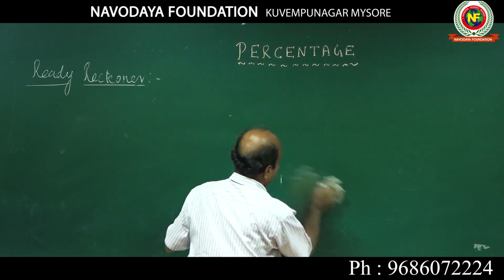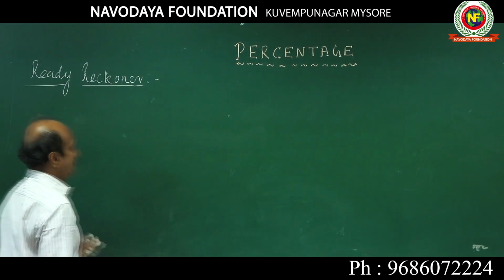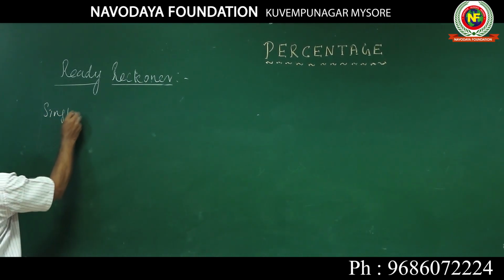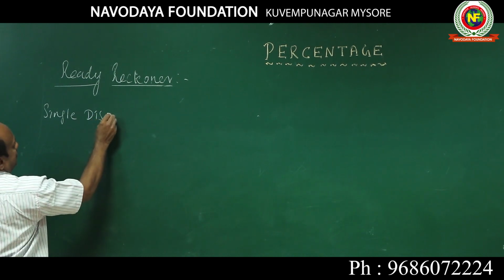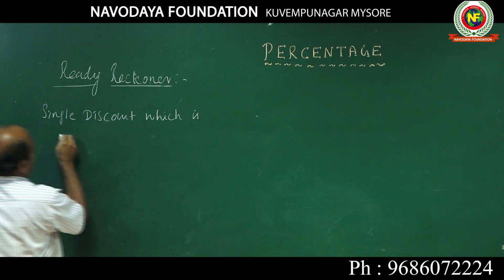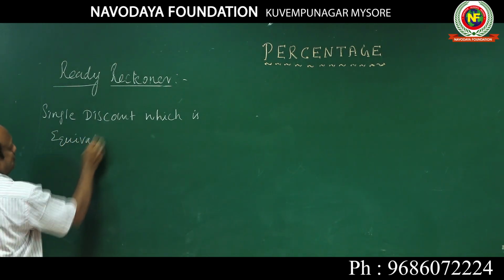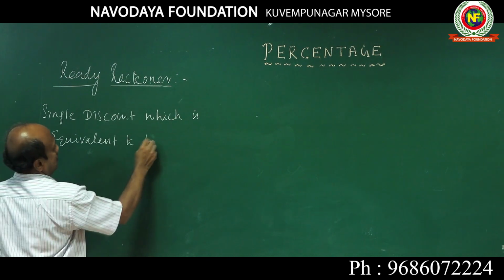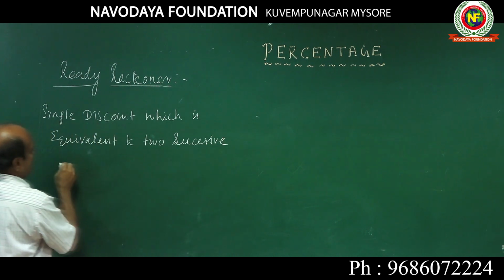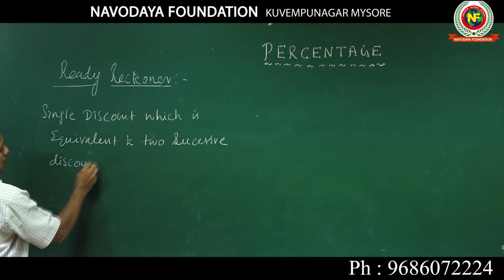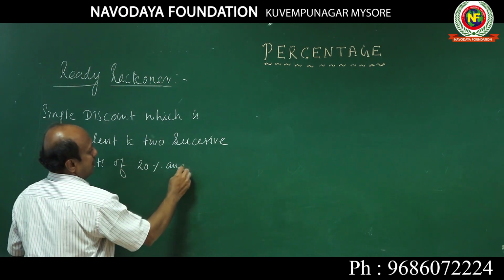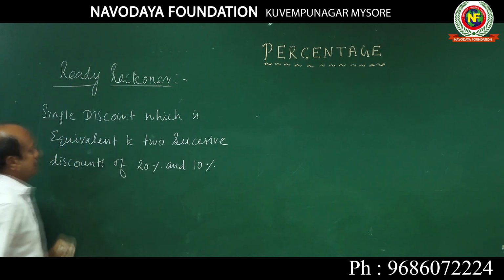4 types of problems can be used. Yeah, simple formula. Right. First, I will tell you the problems. Find the single discount which is equivalent to two successive discounts of 20% and 10%.